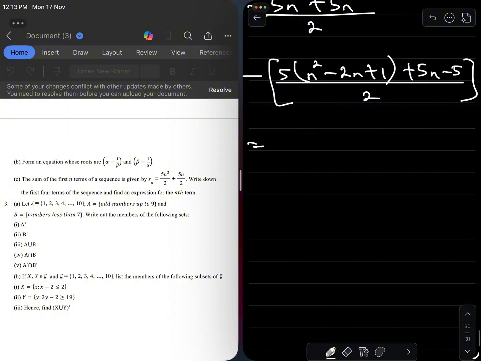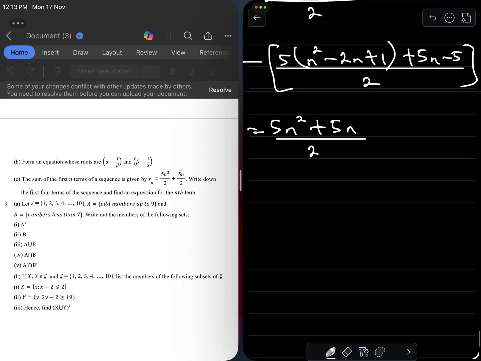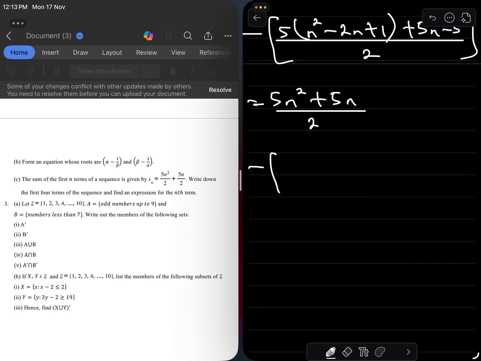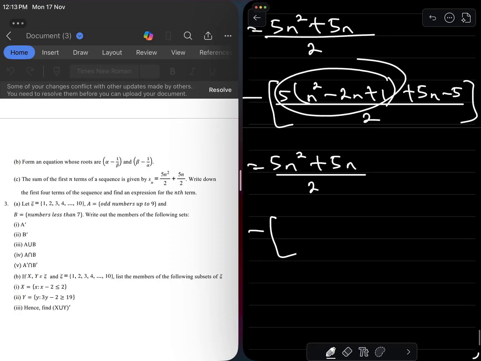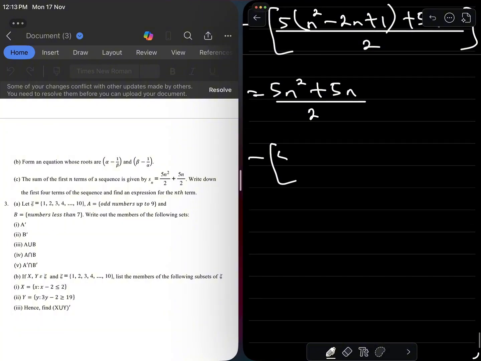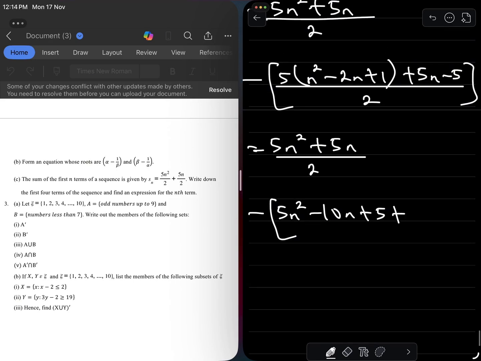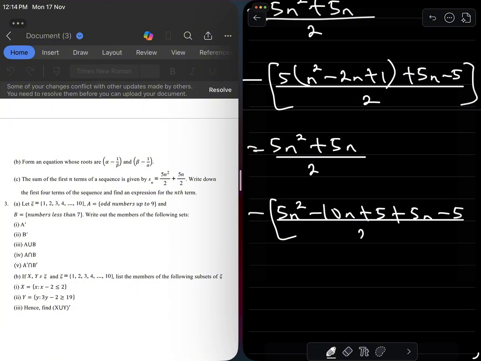And that's equal to 5n squared plus 5n over 2 minus, we can open the brackets here, and that will be 5n squared minus 10n plus 5 plus 5n minus 5, all over 2.